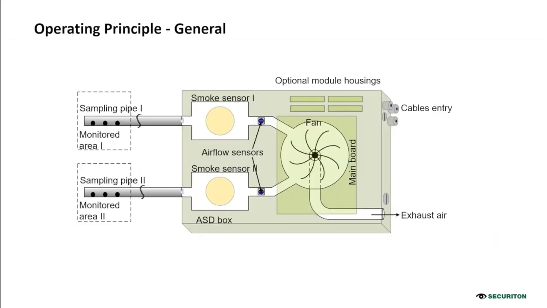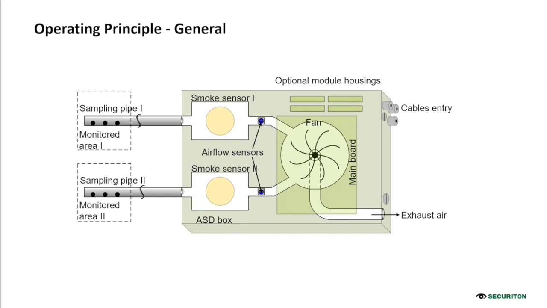Now, this is the operating principle of aspirating systems. As you can see, there is a fan that is used, or a pump. In our case, it is a fan that aspirates the air through the pipes and through the sampling holes.